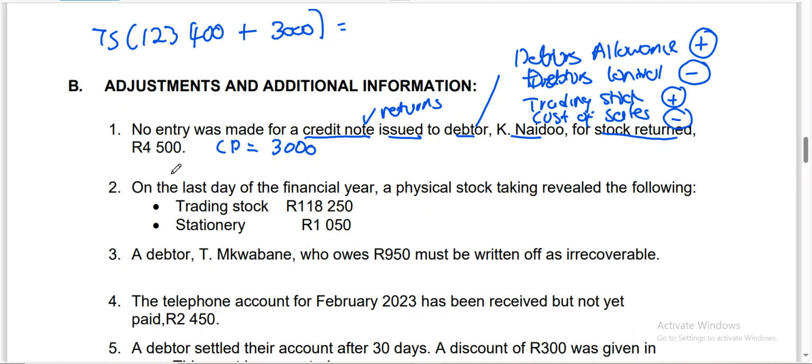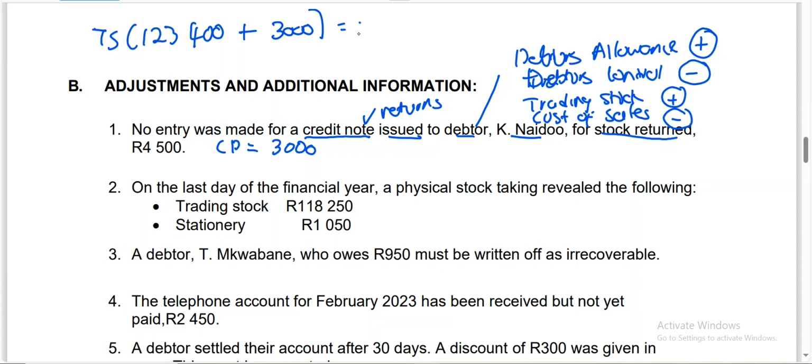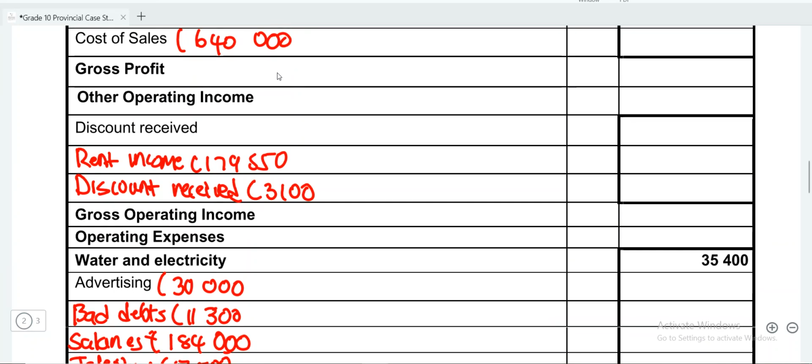Okay, this will come in handy for us when we do our trading stock deficit or surplus calculation. So this trading stock is for the record. We are saying that 123,400 plus 3,000 gives us 126,400. When we do the fiscal stock count, we are expecting to get 126,400, but remember we said that cost of sales must be decreased, so we are going to go to our records and subtract 3,000 from cost of sales.